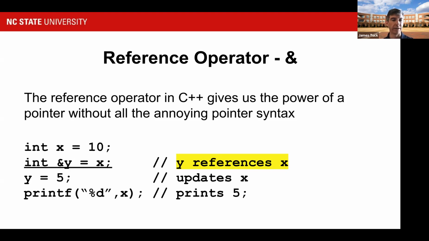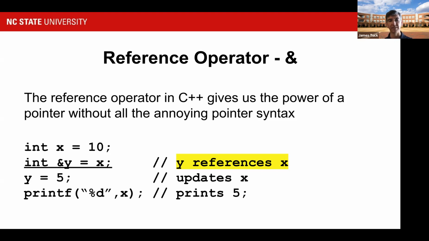So when I say y equals 5, I'm actually changing x to 5. And then when I print x here, I'm not going to see 10, I'm going to see 5 because y and x are the same variable. I've made y point to x. Y and x are aliases. Y references x. Okay. So that's pretty cool.